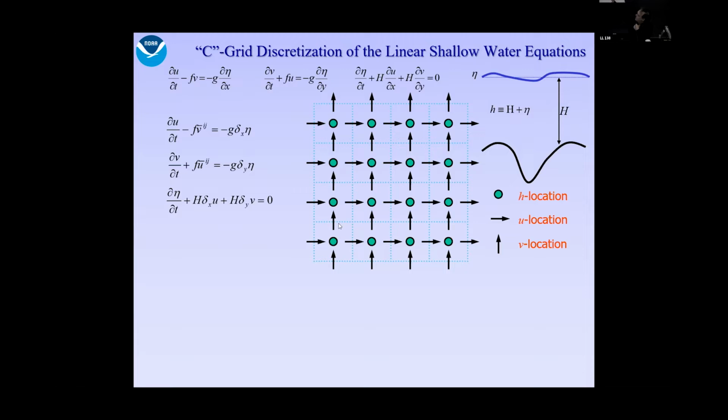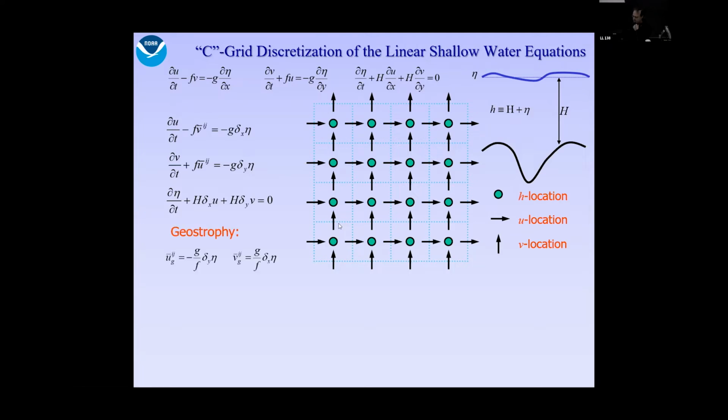Four adjacent U velocities have to be averaged to get them onto a V point, and conversely, four adjacent V velocities have to be averaged to get them onto the U point. By contrast, for the continuity equation, we use a simple second order staggered discretization that works remarkably well.